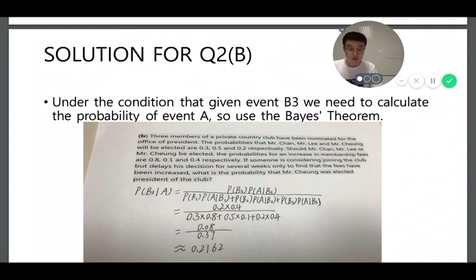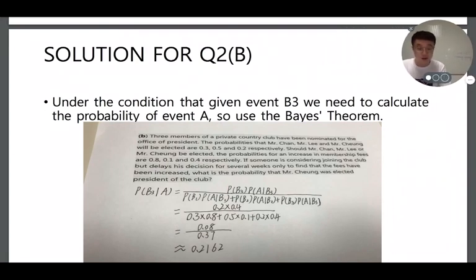As we can see, the conditional probability of B3 given event A equals the probability of B3 multiplied by the conditional probability of A given B3, divided by the probability of B1 multiplied by the conditional probability of A given B1, plus the probability of B2 multiplied by the conditional probability of A given B2, plus the probability of B3 multiplied by the conditional probability of A given B3.